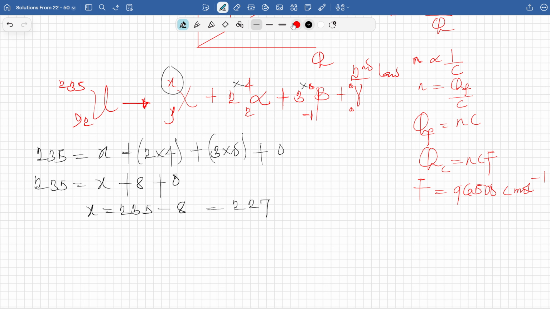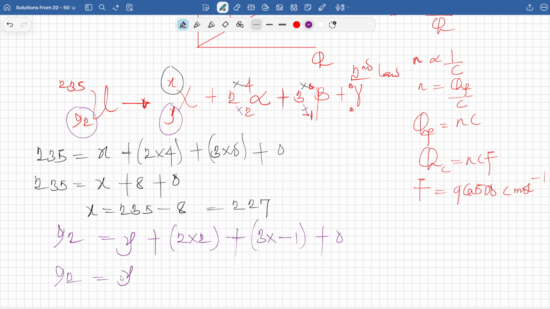Also, the atomic number on the left must be equal to the atomic number on the right. So you're going to have 92 is equal to y plus 2 times 2 plus 2 multiplied with negative 1, then plus 0. So this is 92 is equal to y plus 4 minus 3 plus 0, right?